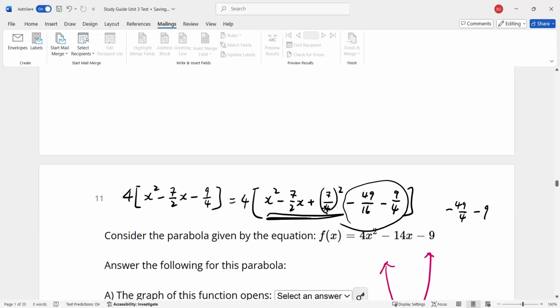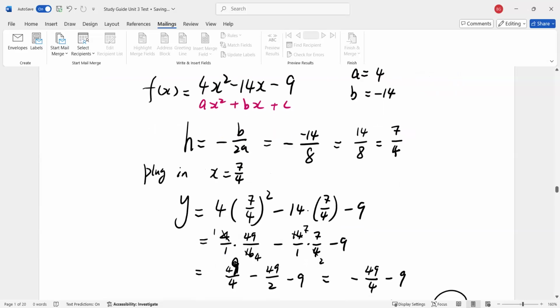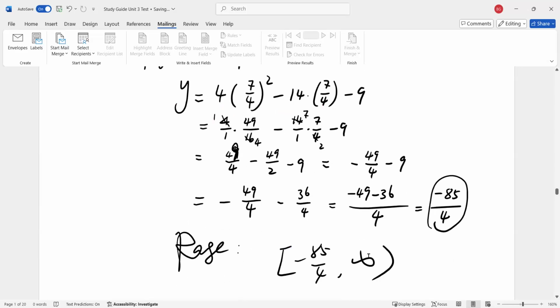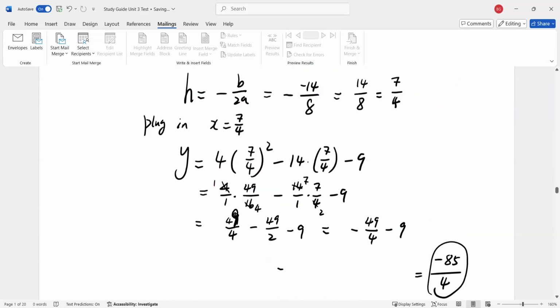You still have to deal with the fraction. So I still think using the formula is better. You cannot avoid using fractions anyway. All right, so that is the range. The range is from the minimum all the way to infinity. And so that is part C. Okay, that's everything for that question.